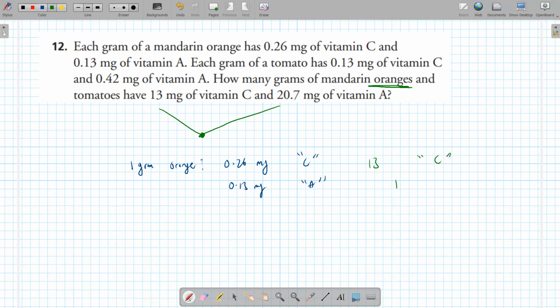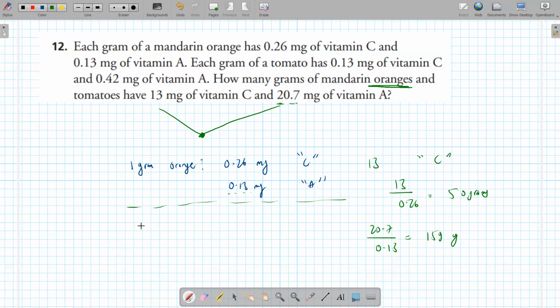You just do 13 divided by 0.26, which is 50 grams. You see that? How many grams would you need to have 20.7 mg of vitamin A? We know 1 gram has 0.13, so you just divide. 20.7 divided by 0.13 is going to be 159 grams. And there you go. That's for oranges.